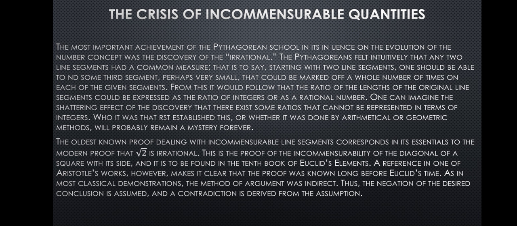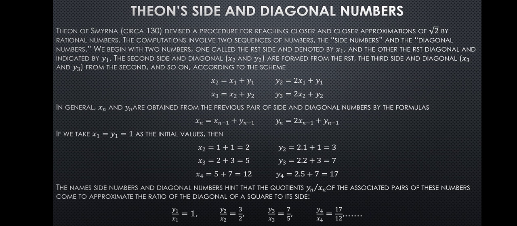However, it makes clear that the proof was known long before Euclid's time, and as in most classical demonstrations, the method of argument was indirect. Thus, the negation of the desired conclusion is assumed, and a contradiction is derived from the assumption.